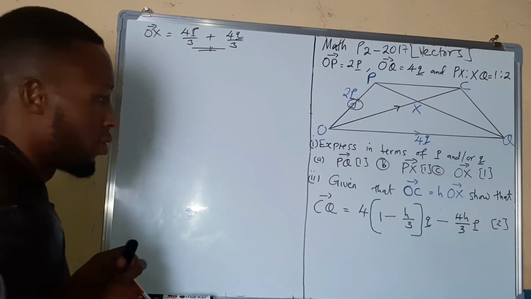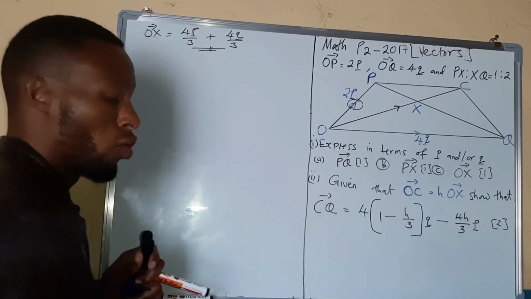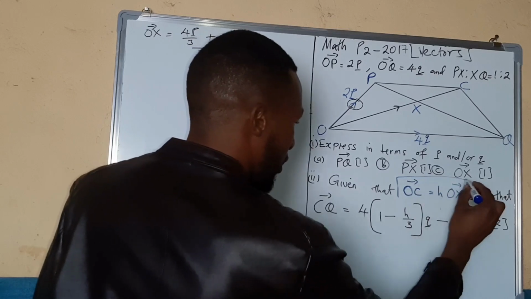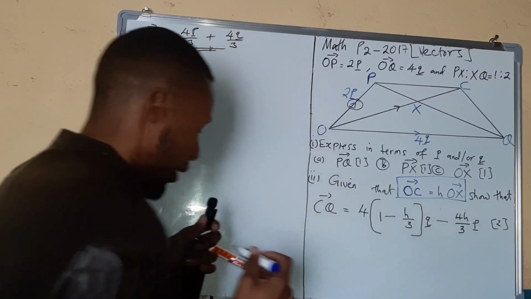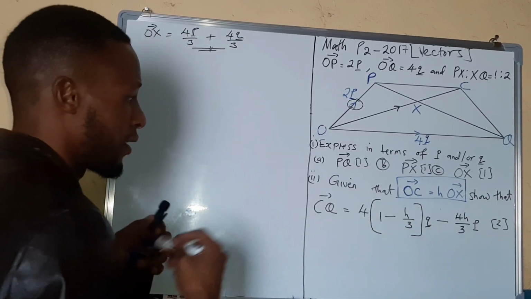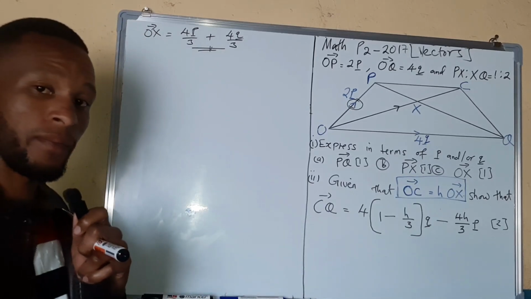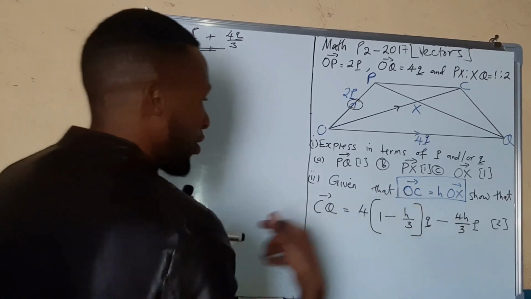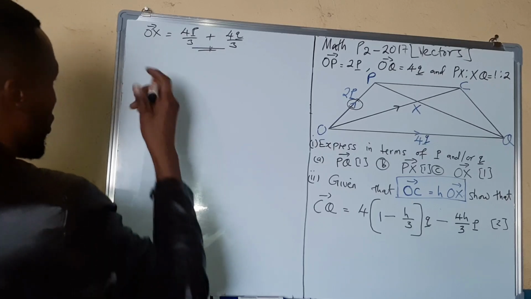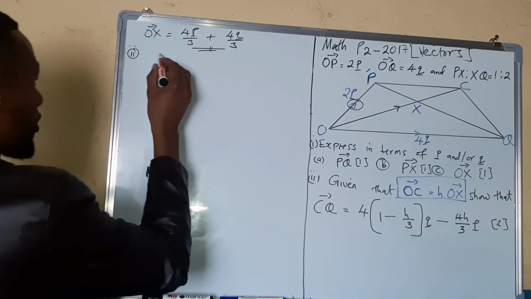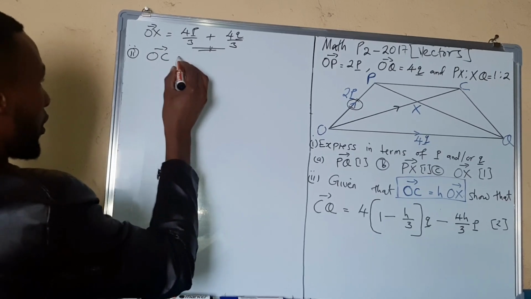Now, for us to be able to do that, this question has got two parts. The first part is to find OC, meaning we cannot start showing before we handle the first part of that question. So question Roman numeral 2, that is finding OC.